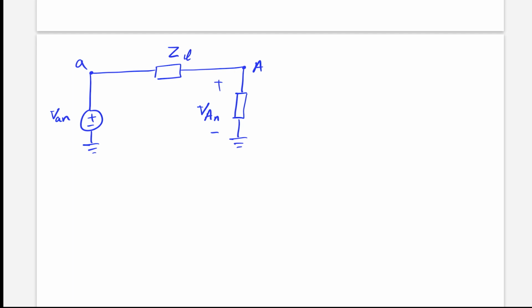Line impedance, and this is ZY, which will be equal to 1/3 of Z delta. Okay, now let's go and solve an example to see how we can deal with these problems.